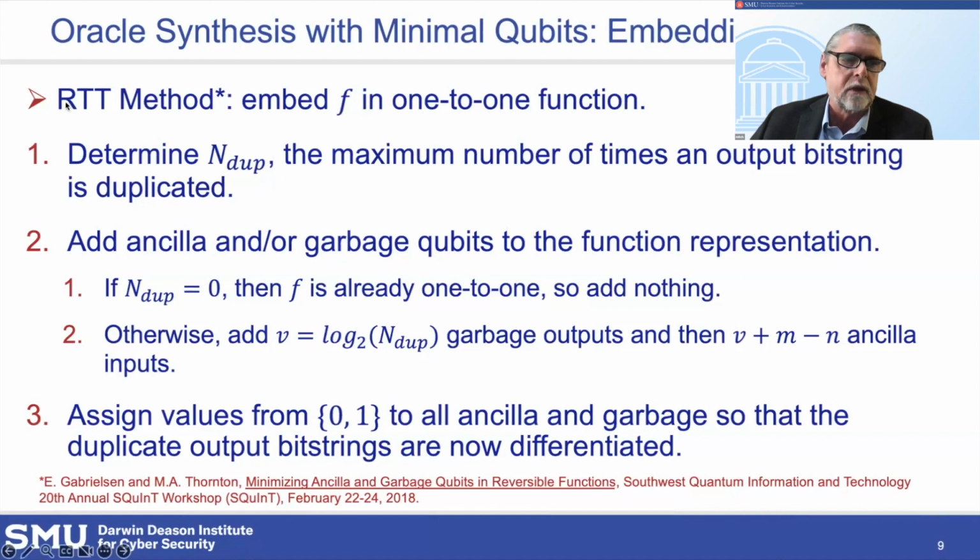We have one method called reduced truth table, RTT method, that really is taking that user-specified irreversible function and embedding it into the embedding function. And I've got the rules for how that's done here that I won't belabor, but you're welcome to see that technique in this paper down here at the bottom.